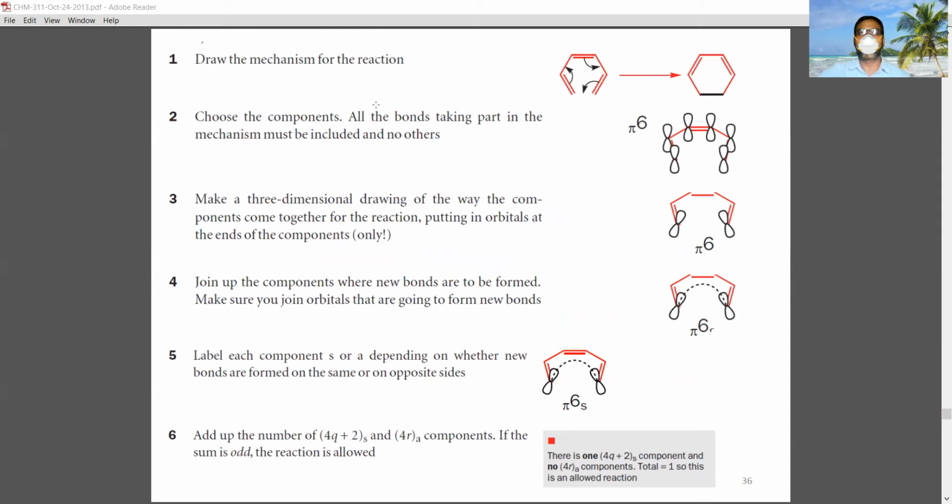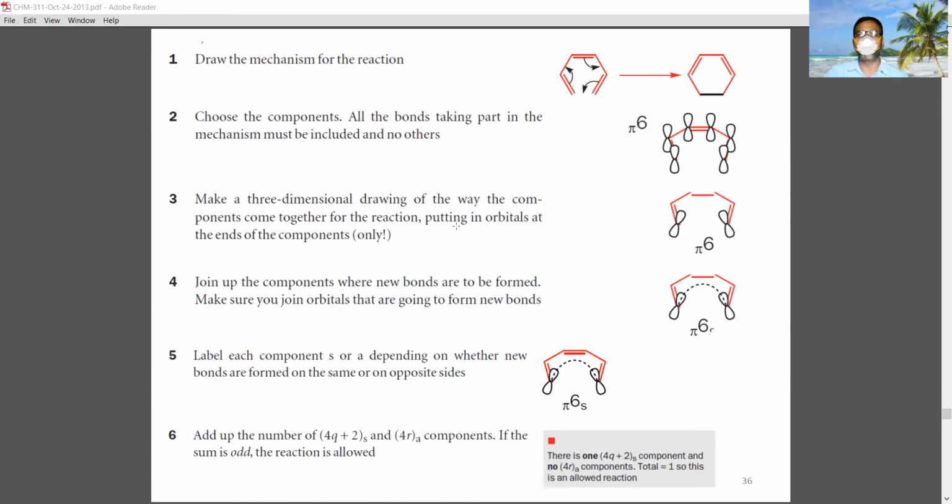So again, draw the mechanism of the reaction like this. This is the pi 6 system, and this is the pi 6 system. So in this system, there is one 4q+2s component and no 4ra component, total 1. So it is an allowed reaction.